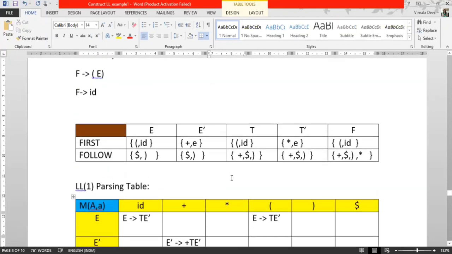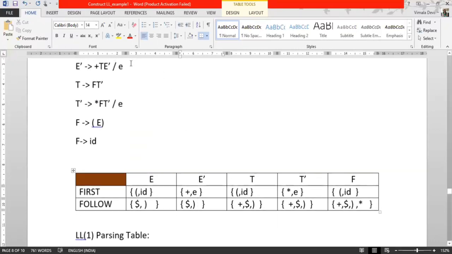Right. But whenever epsilon appears in the first set, go to the follow set. So what is the follow set symbols for E'? One is dollar, another one is close parenthesis. So E' comma dollar and E' comma close parenthesis, update the rule E' derives epsilon.